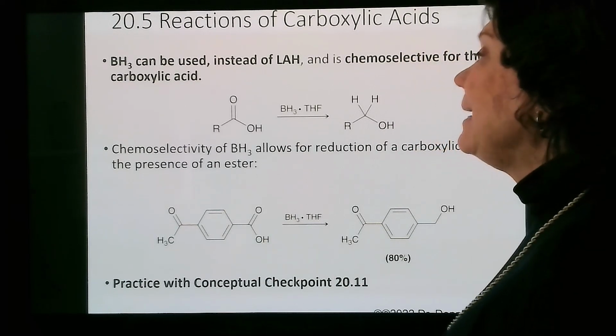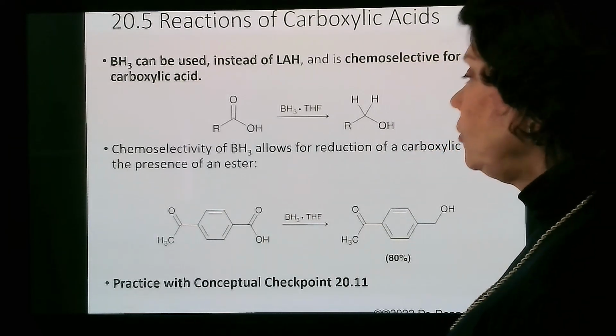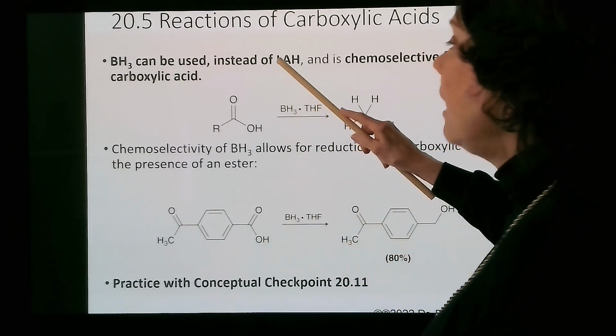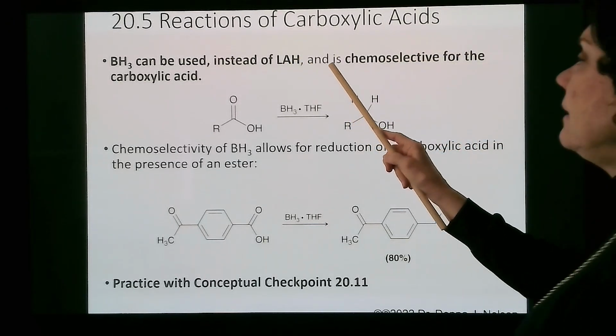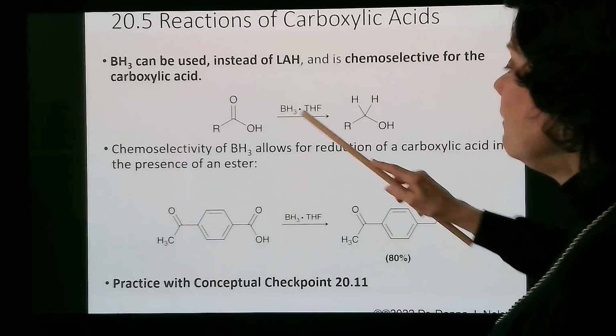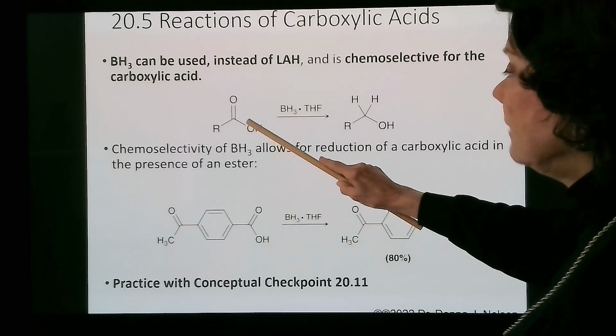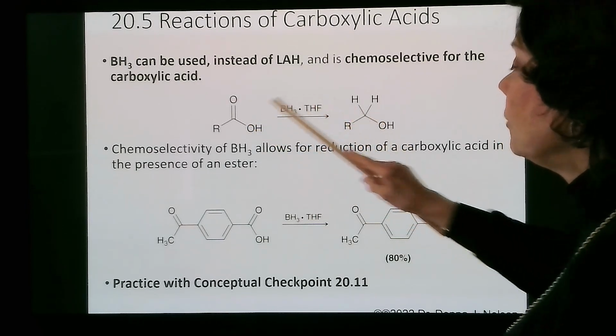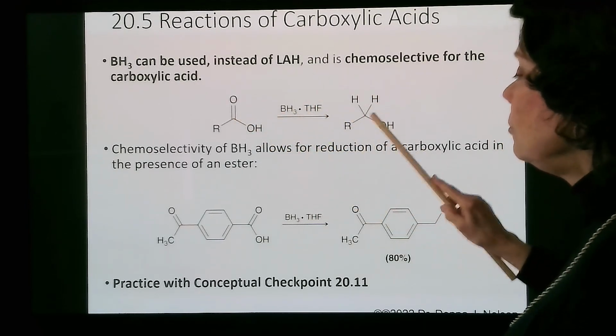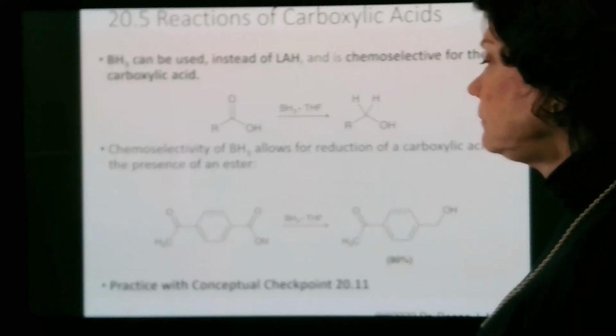However, borane itself can be used instead of lithium aluminum hydride, and it is chemoselective for the carboxylic acid. So this will reduce the carboxylic acid to the alcohol.